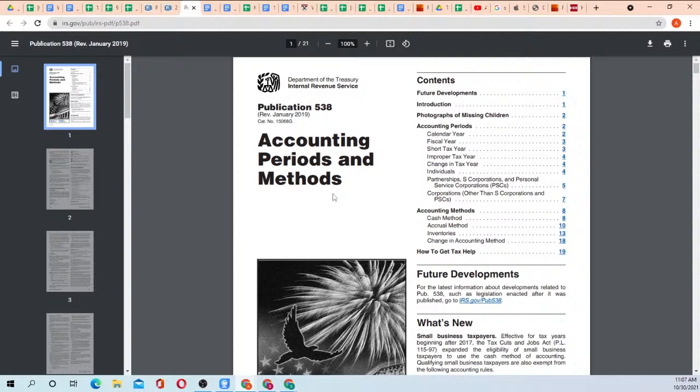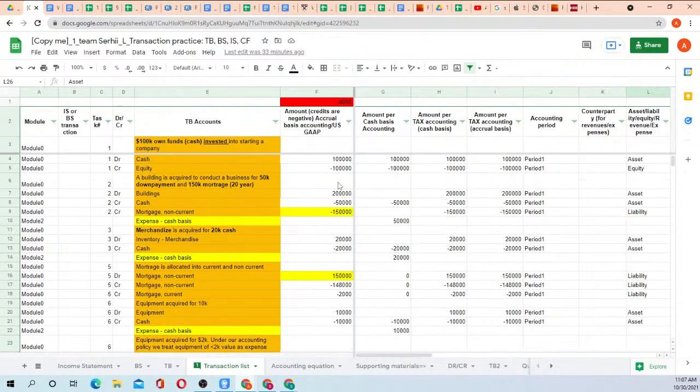Accounting standards are managed by US GAAP. In the previous lecture, we discussed our transactions, and I introduced several different columns for transactions. Two for accounting methods, accrual accounting and cash method, and two for tax based on cash basis accounting and tax based on accrual method of accounting.